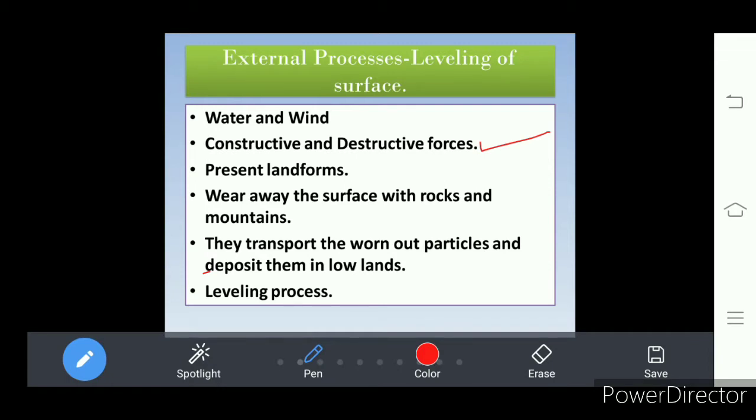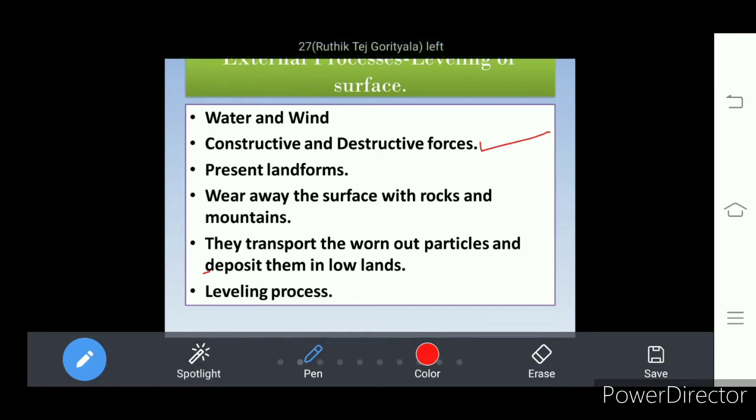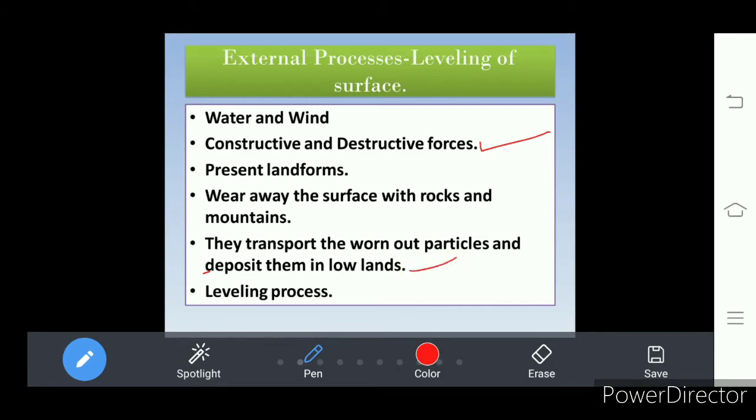landforms. They wear away the surface of the rocks and the mountains, and they transport the worn out particles and deposit them in lowlands. So what do we see? The mountains and rocks surface is eroded by the blowing wind and water.